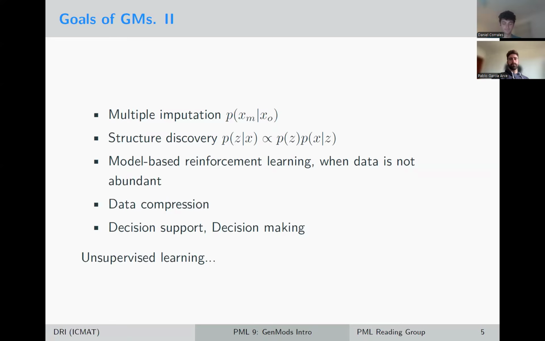And of course, we must always remember that at the end, we use all this to support decisions or to automate decisions, and that should be the ultimate goal of all this, I would say. And many of these are in the realm of unsupervised learning. So maybe that's a shorter way to explain what generative modeling is.